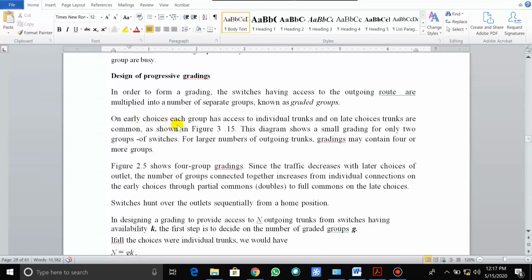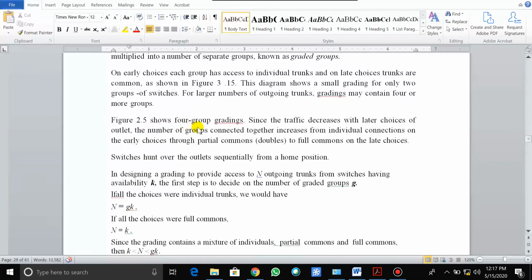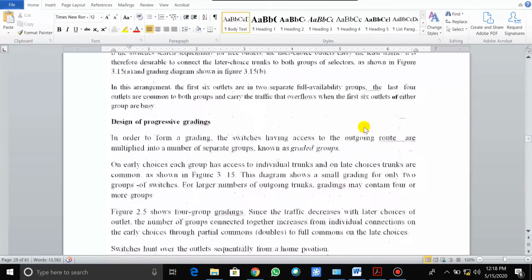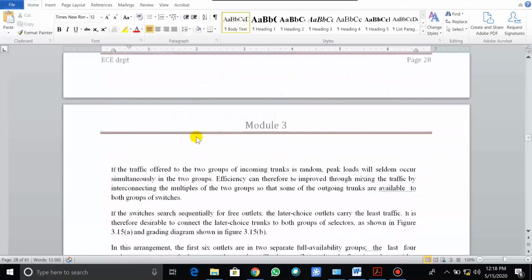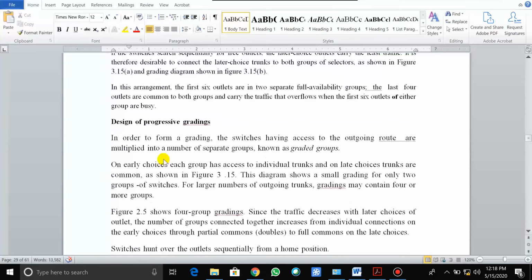On earlier choice, each group has access to individual trunks, and on later choice, the trunks are common, as shown in the diagram. This diagram shows a small grading for only two groups of switches. For a large number of outgoing trunks, the grading may contain 4 or more groups.